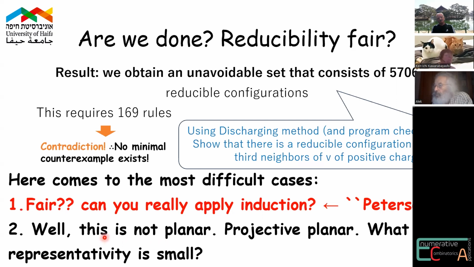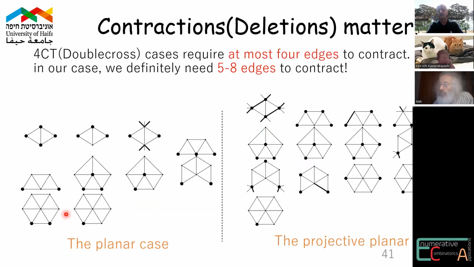The second thing is that the planar case and the projective plane are totally different. There are some difficulties for the projective plane. So these two are real difficulties over the Four Color Theorem. Let me just look at the first one, which makes a difference between the Four Color Theorem case and our case. Before that, I'm going to tell you why this is a problem.